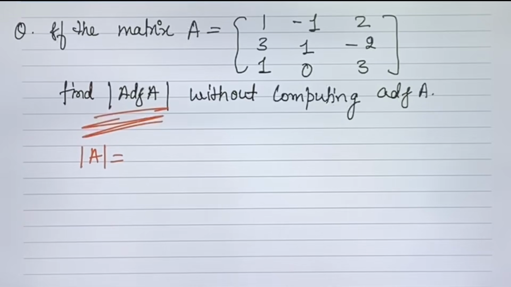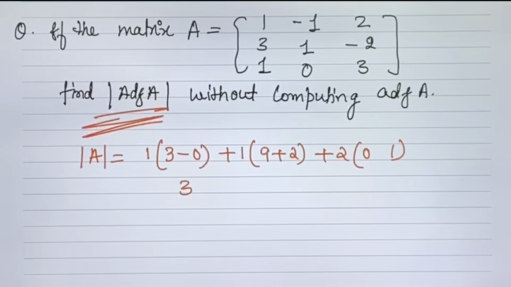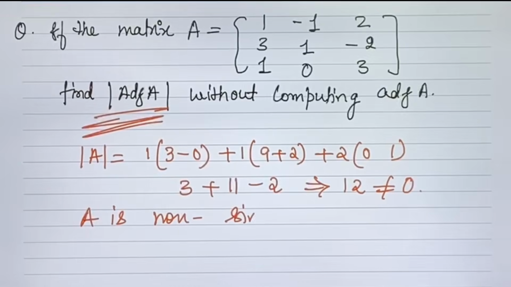Taking first row only: 1 into 3 minus 0, plus 1 into 9 plus 2, plus 2 into 0 minus 1. Correct na? 3 plus 11 minus 2. I will check it. Yes, it will not be equal to 0. That means A is non-singular.